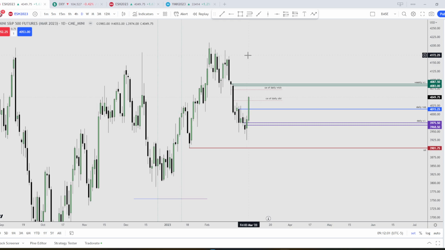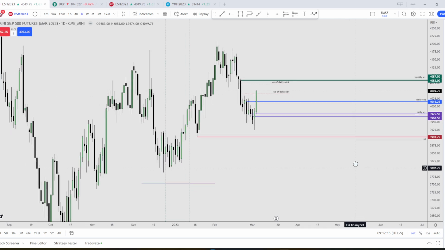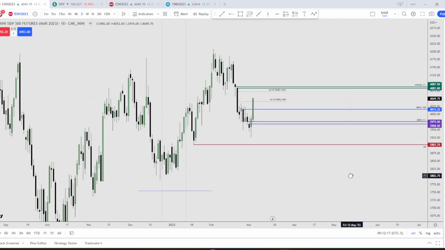Probably we may find a temporary bottom in around May or June, but that is basing off seasonal tendencies only, so don't take my word for it, right? Just see how it plays out right here.